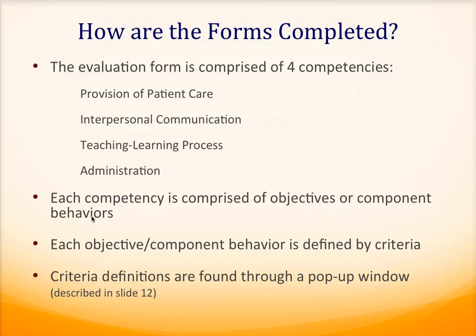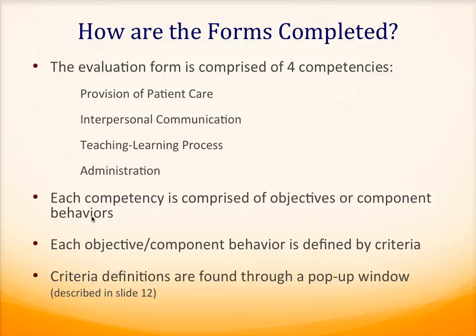Third, how do you actually fill out the form, and what type of information can you find within the form's contents? The form is comprised of 4 of our competencies: provision of patient care, interpersonal communication, teaching learning process, and administration. Each competency section is comprised of objectives or component behaviors, which are defined by specific criteria.